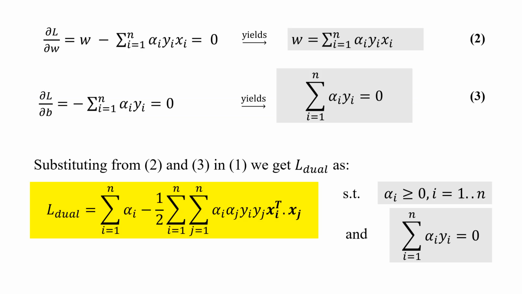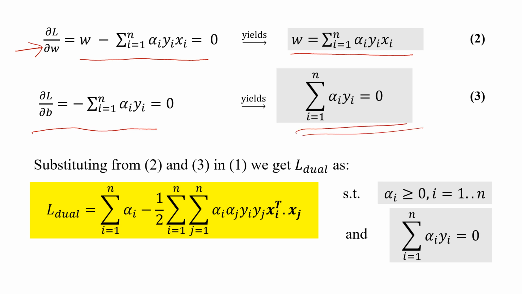Doing this, we take del L by del w, which is this, and it gives us w is equal to the summation over all samples of alpha i, y i, x i. Taking the partial derivative with respect to b gives us this quantity: summation of all alpha i, y i is equal to 0.